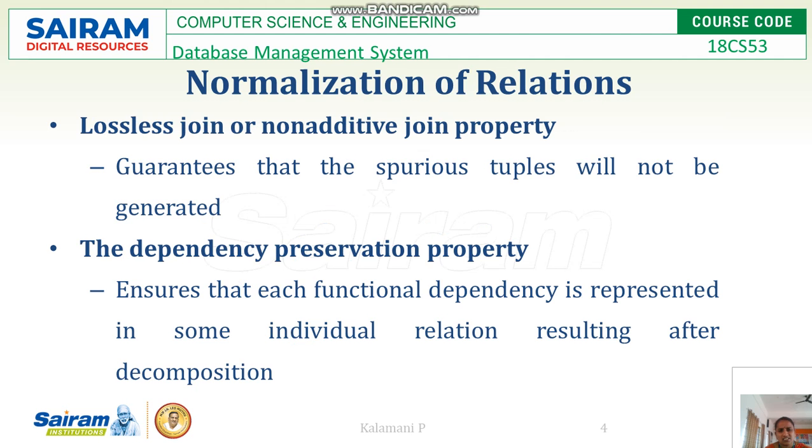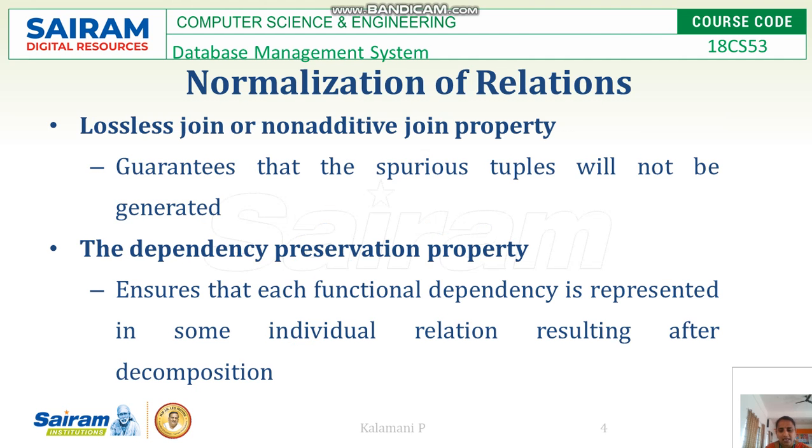First we should know the lossless join or non-additive join property. During the normalization process we split the bad relation into sub-relations. When we join them again, it should be a lossless join, which guarantees that spurious tuples will not be generated.